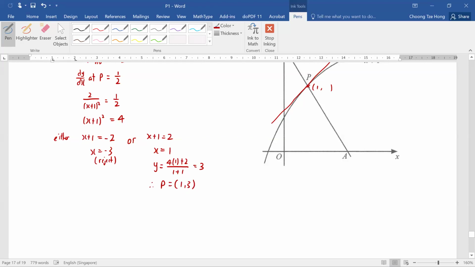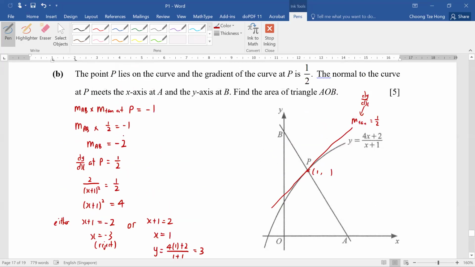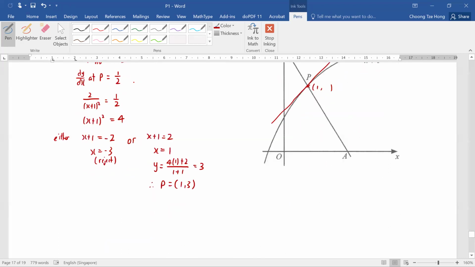Okay, so now we know the coordinates of the point. We also know the gradient of the normal, which is -2. So we will be able to find the equation of the normal already. Okay, so let's find the equation of normal, or equation of line AB.